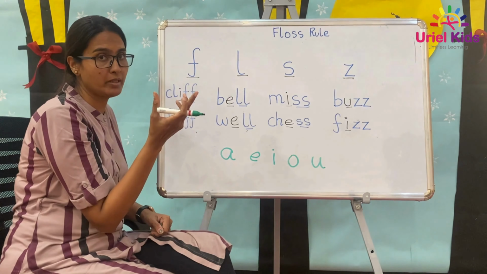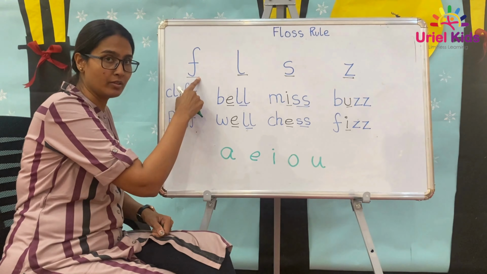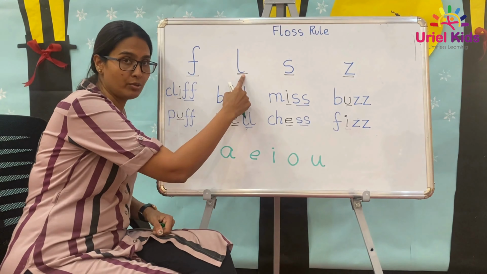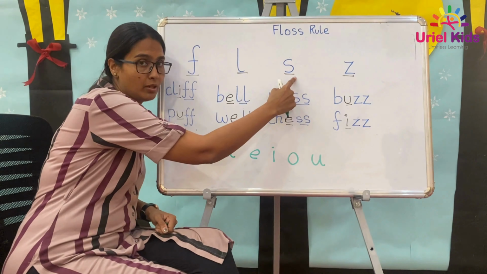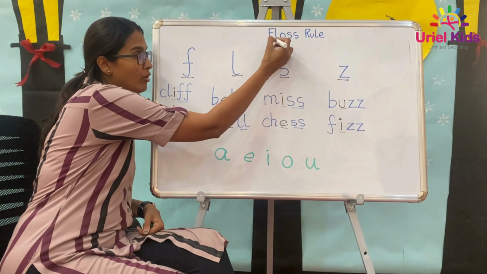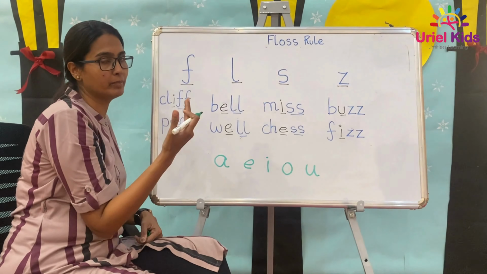Which consonant will I be doubling? The f sound, the l sound, and the s sound you will be doubling. That's called Floss Rule. So even in the word floss, how do you remember this?